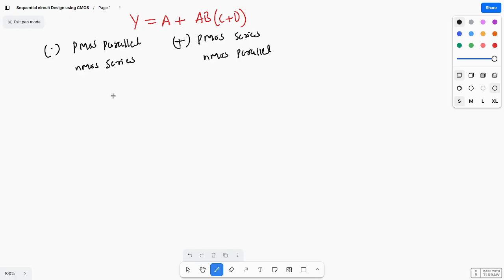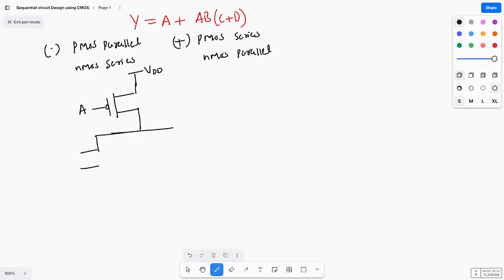So in the PMOS, OR operation means series. This is VDD, and first A is there. This is A, this is PMOS, and series. Here OR operation means series you will get. And here AB means these two are parallel.